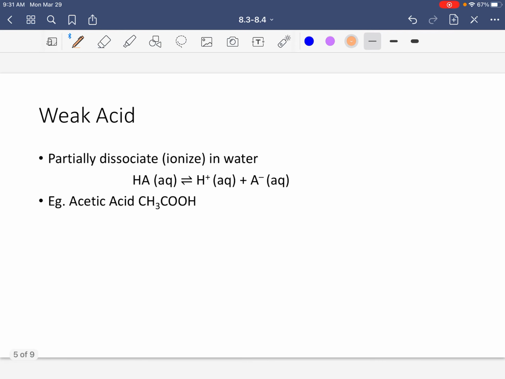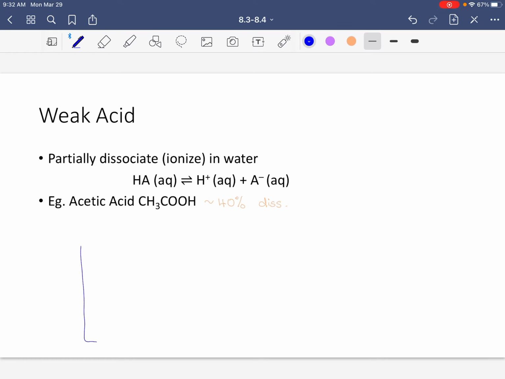Let's take a look at weak acids. What makes a strong acid strong is what makes a weak acid weak, and it is the percent dissociation. As an example, vinegar, acetic acid, has an approximately 40% dissociation. Let's take a look at what that means.